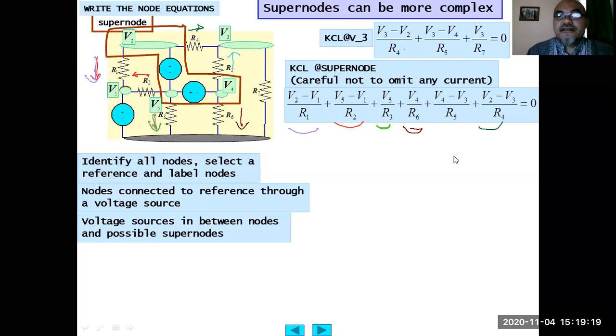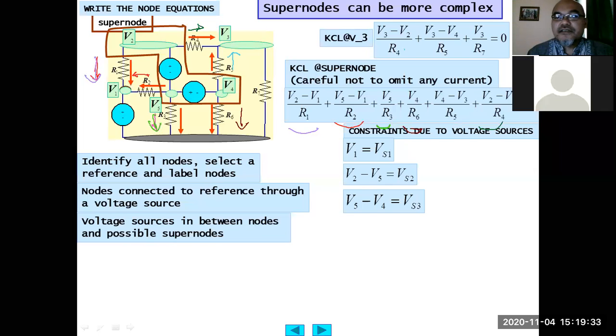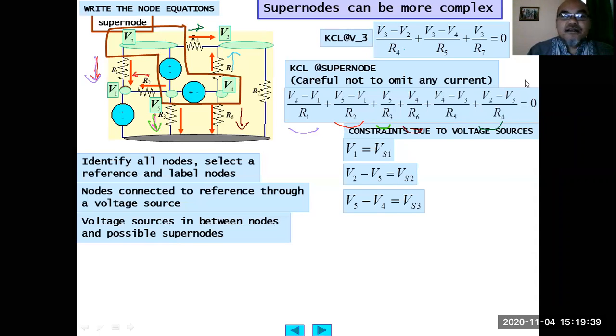So this is the similar current that I have just drawn. Then we also write down the voltage source constraints. The constraint here is defined by the known voltage source: V1 is equal to Vs1.